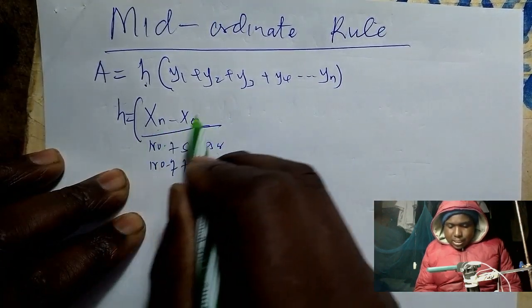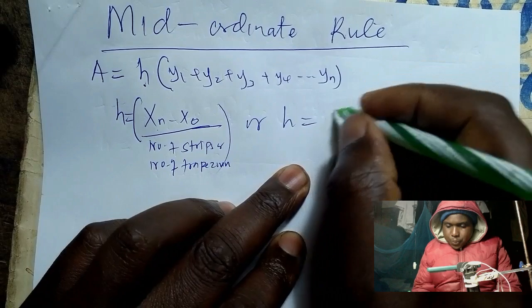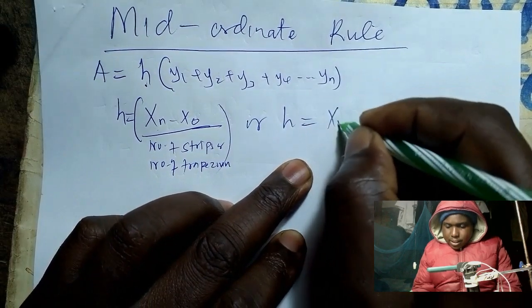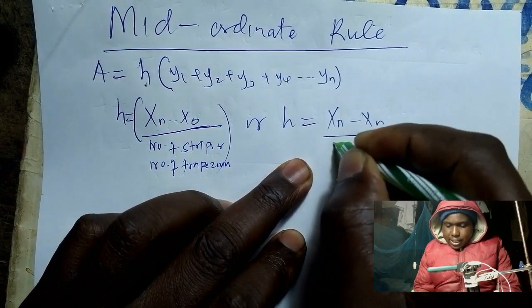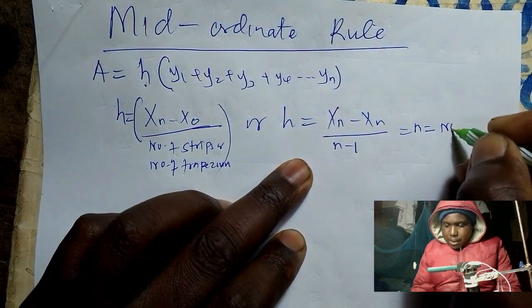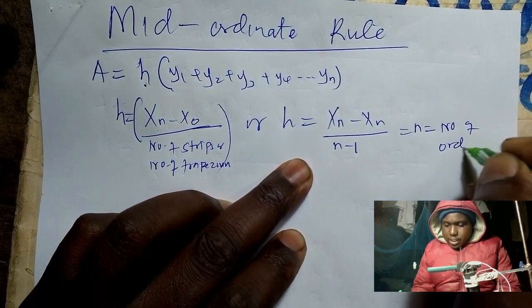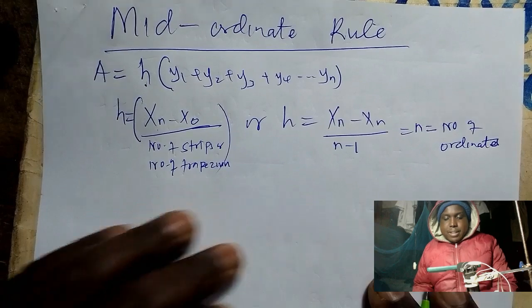Or h is equal to xn minus x naught divided by n minus 1, where n is the number of ordinates. The same thing we have done, right?